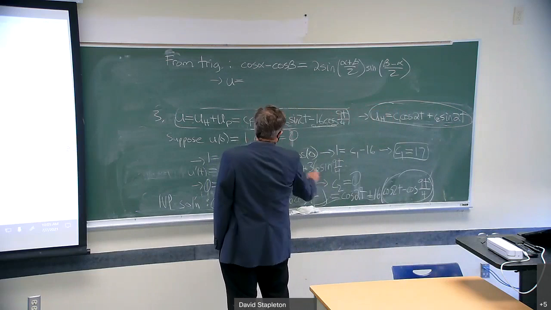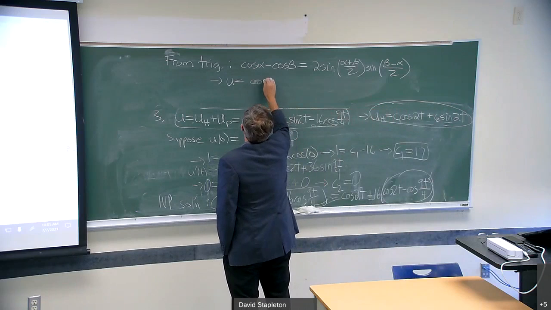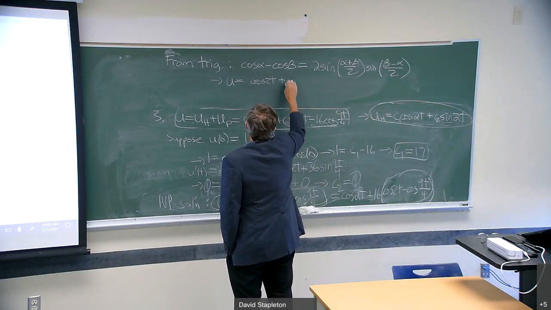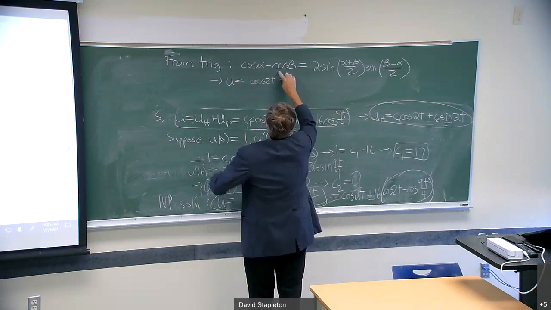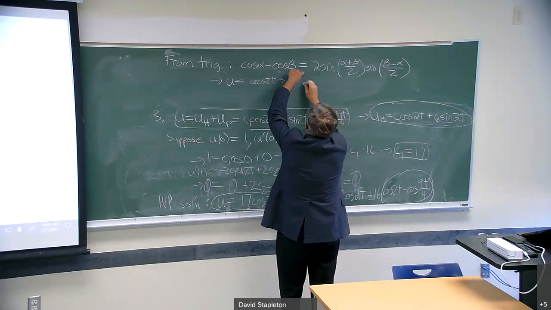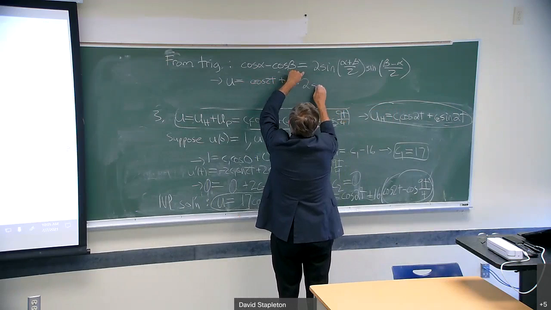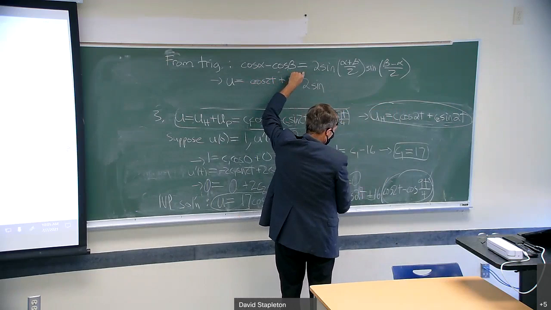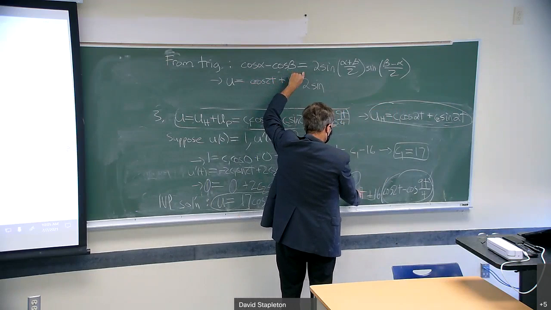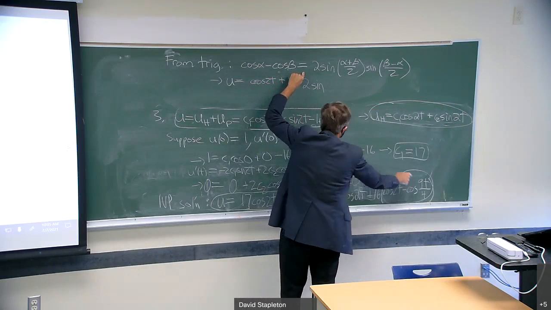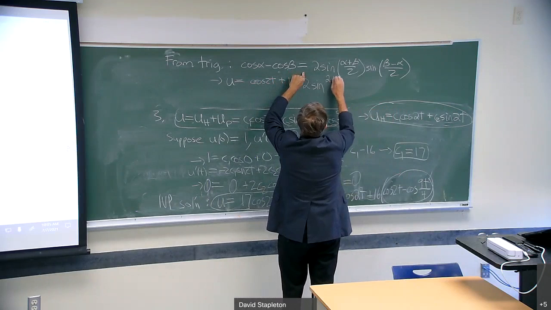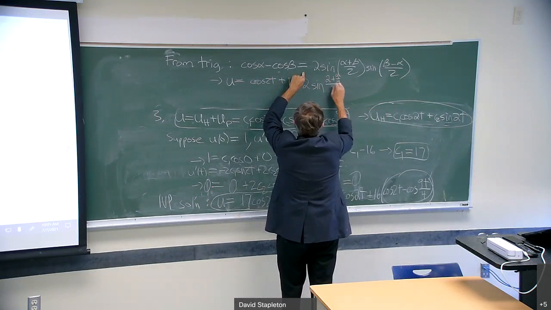U is now equal to the first term, cosine 2t. It doesn't contribute to the beats. Plus the second term is 16 times, and we rewrite this, 2 sine, and we add these, 2 plus 9/4 over 2 t.